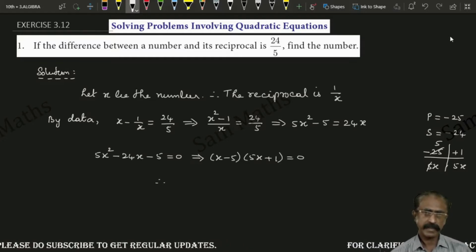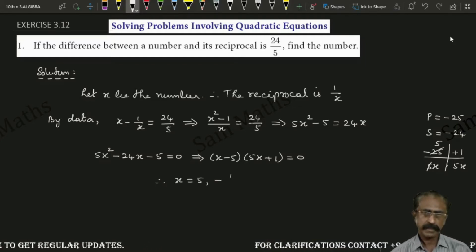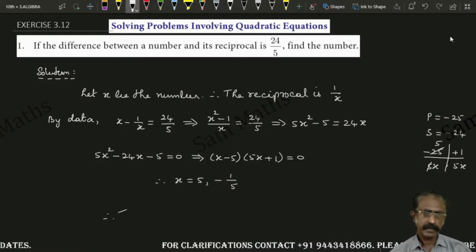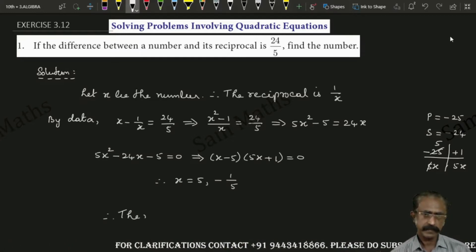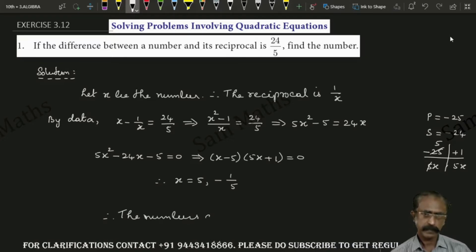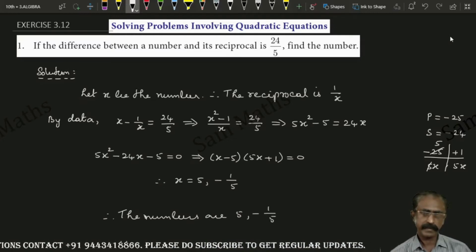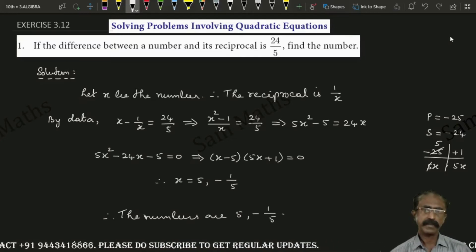Therefore, we are getting x is equal to 5 comma minus 1 by 5. Therefore, the numbers are 5 comma minus 1 by 5. These are the required numbers.